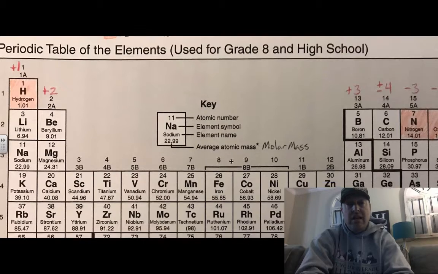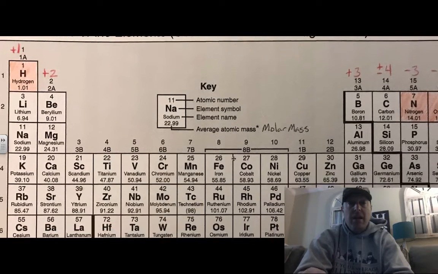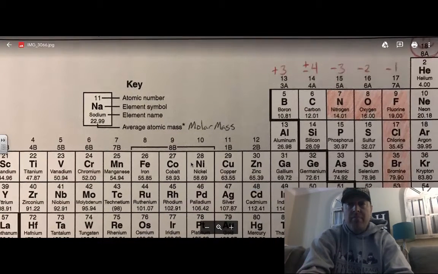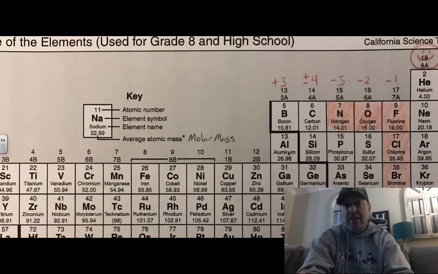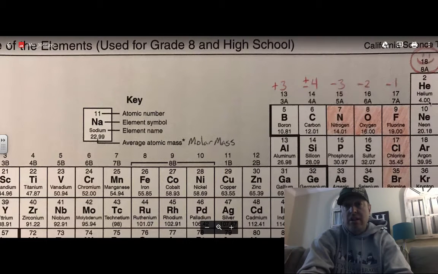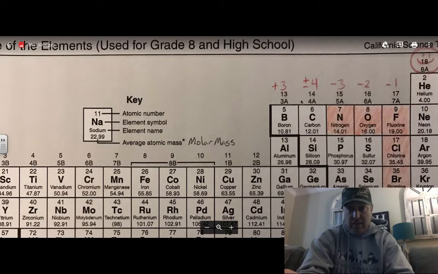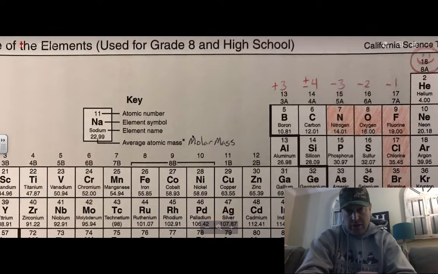We're going to see that when these things make compounds, we can start to piece together what their charges might be. And over here on the right-hand side, we had the different groups and those charges. So we're now going to take a look at some rules that have to do with these different charges.